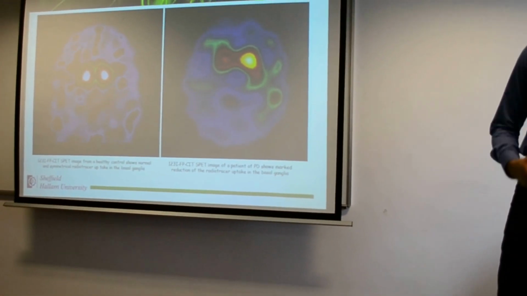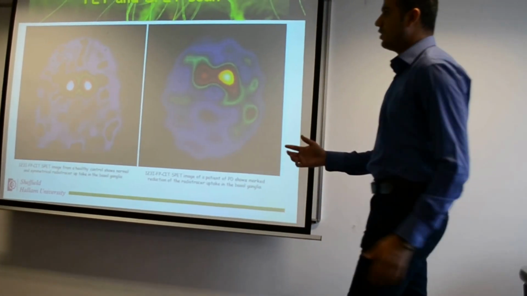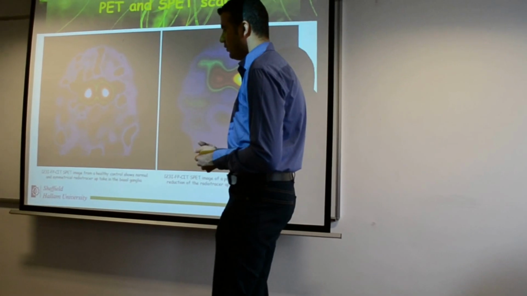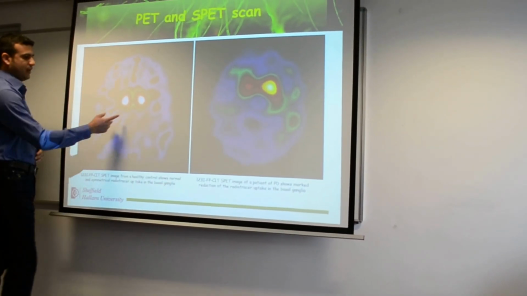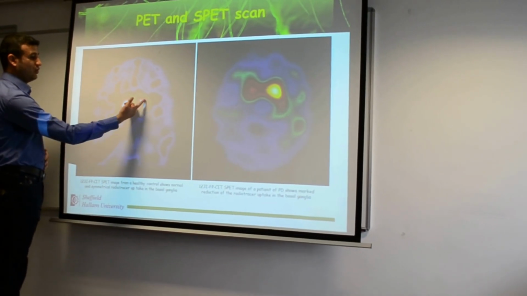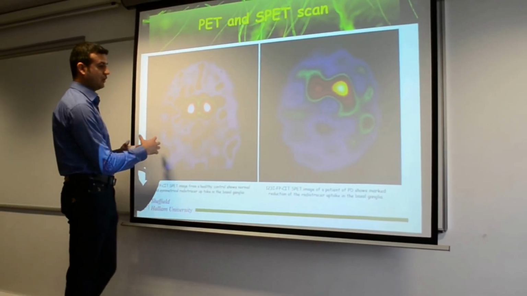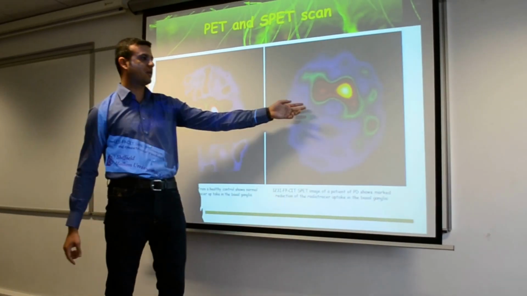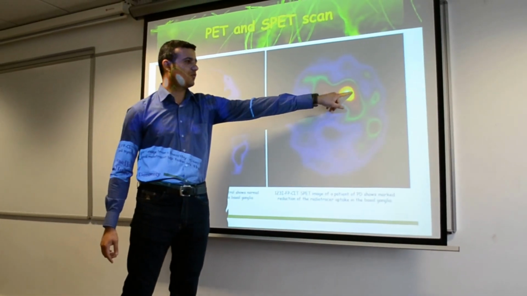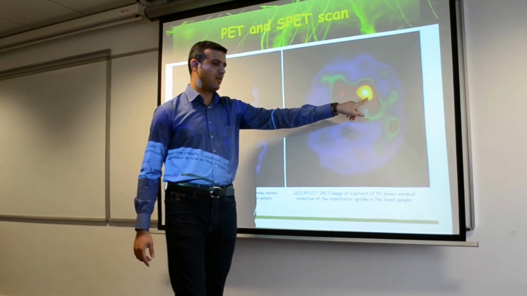Here is an image taken by SPET for a patient. Here we can see that the uptake of the radio tracer is normal in both sides of the brain, while here for this patient with Parkinson's there is a high radiation from this area, which shows us that there is a defect.